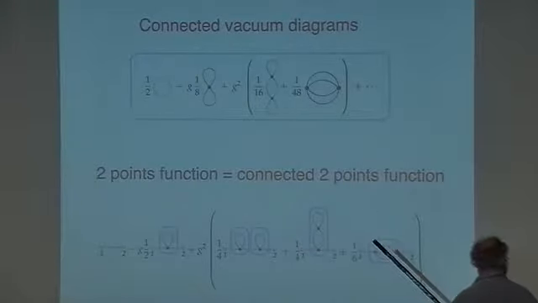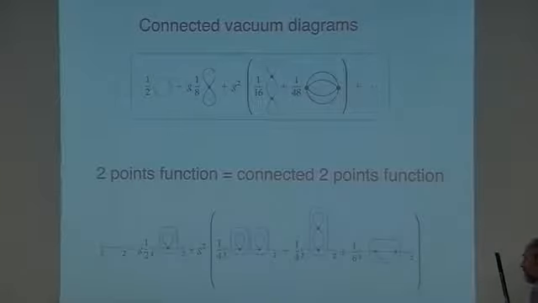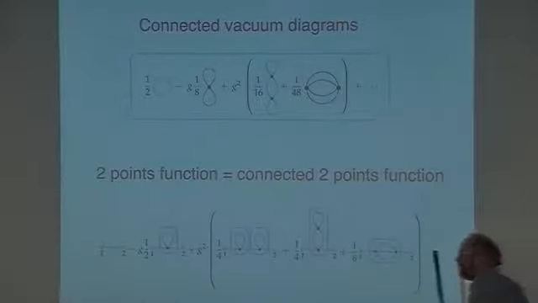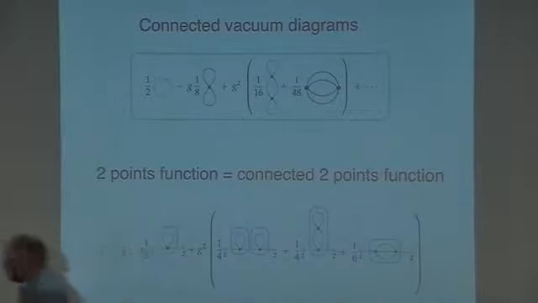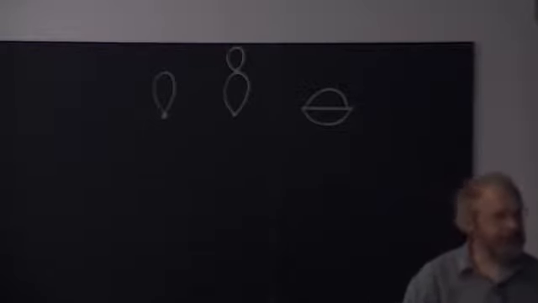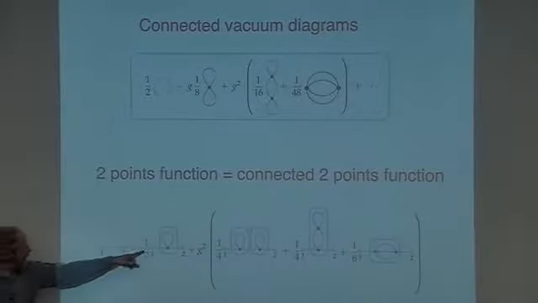And what is the property which is shared by these 4 diagrams? Let me write it here. I consider a diagram that is made out like this one, a diagram which is this one, and a diagram which is made out of this. What is the common property of these diagrams which is not shared by this big diagram?